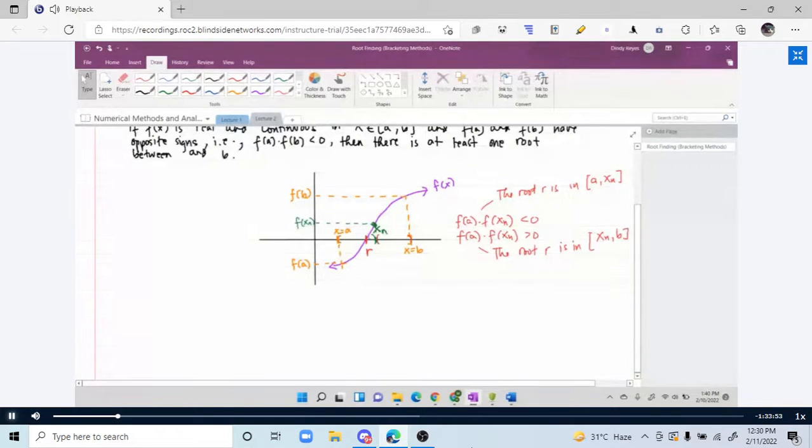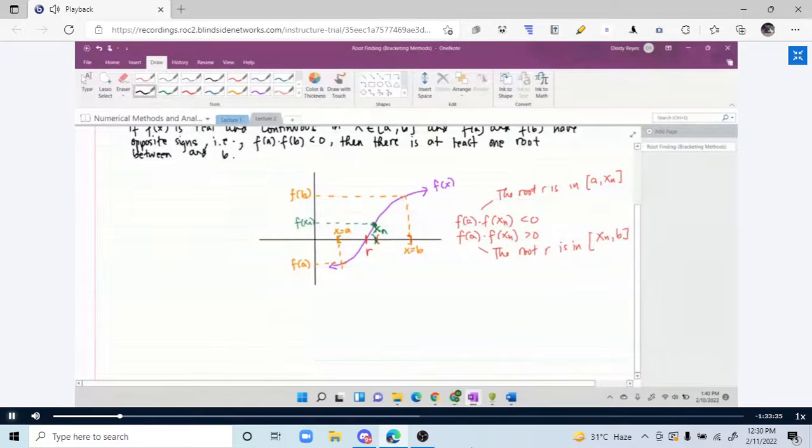So since we are just dividing a line segment from a to b into two equal parts, the formula that we'll be using is the formula for getting the midpoint of a line segment.